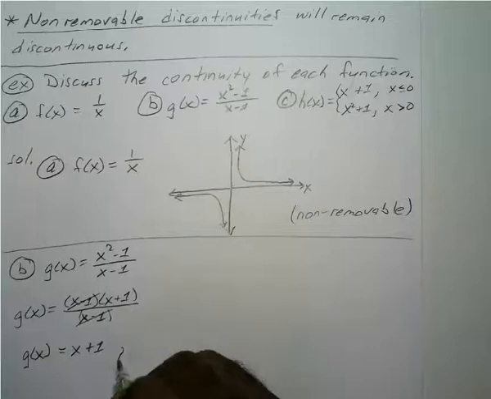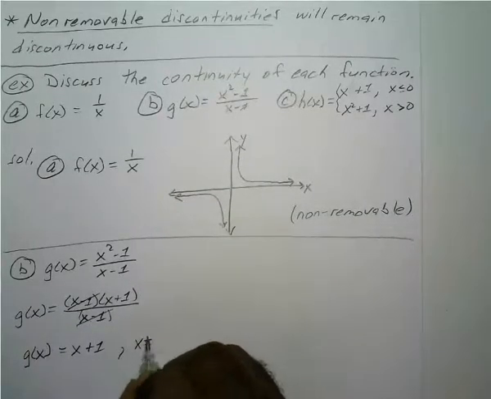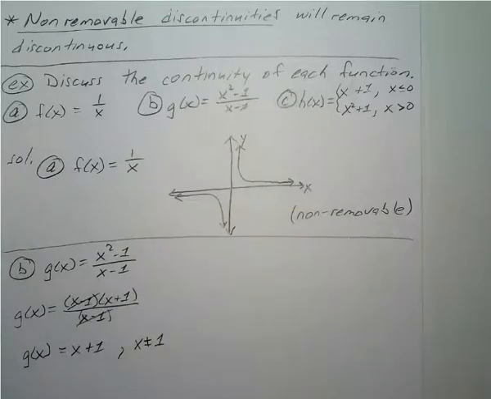But just because we canceled it out doesn't mean it's magically going to be continuous at 1. We still know that x cannot equal 1. So we would be able to find the limit at any point on this graph. We just can't plug in x equals 1 and assume everything's going to be magically better.